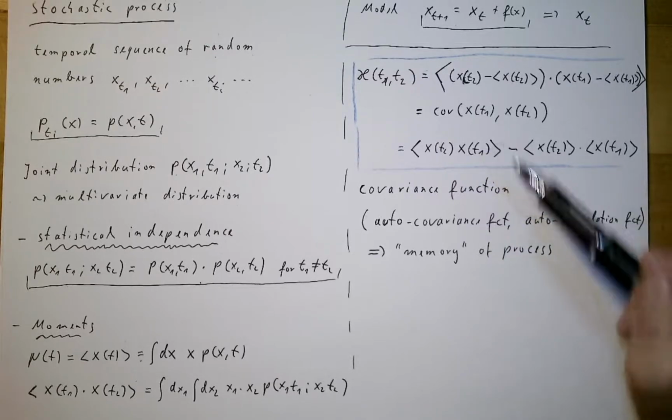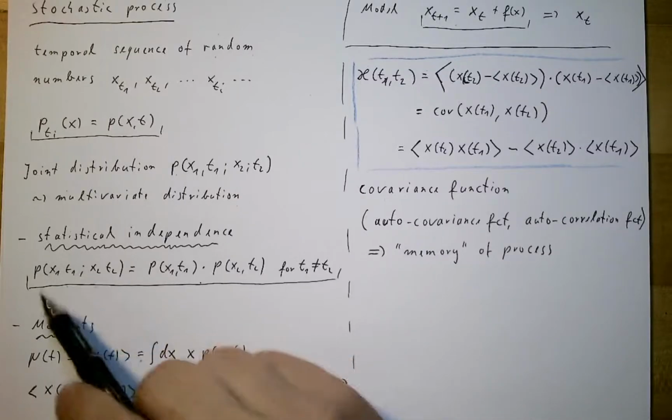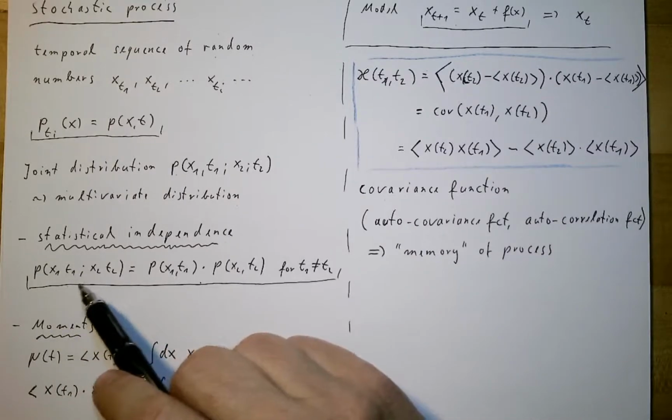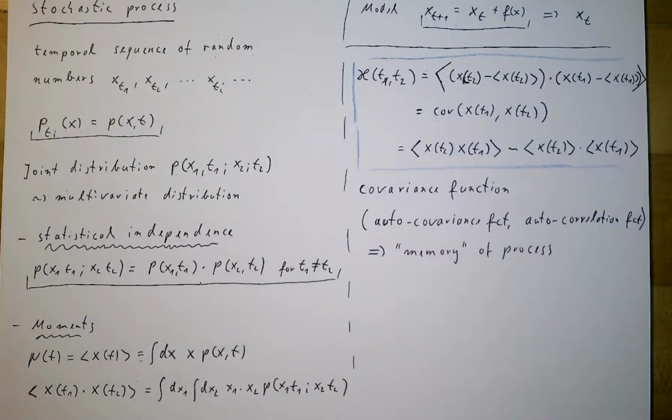So in principle we would need this full joint distribution, but very often we are happy if we just have this covariance function.